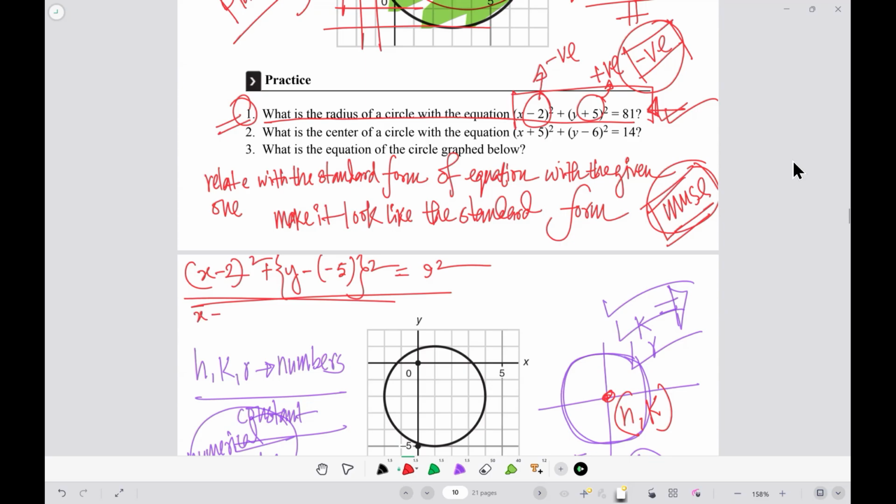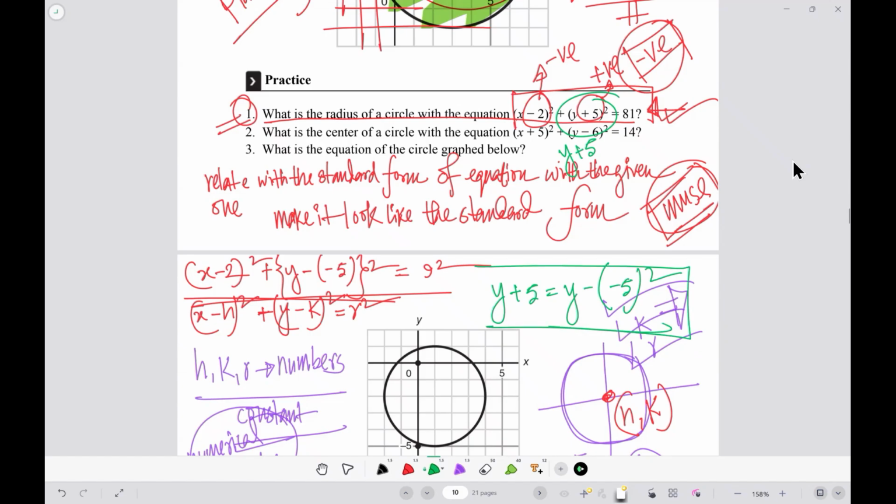(x minus h) whole squared plus (y minus k) whole squared equals r squared. Does this look like the standard equation form? What I've just done here: we have y plus 5. You can write y plus 5 as y minus negative 5, can't you?